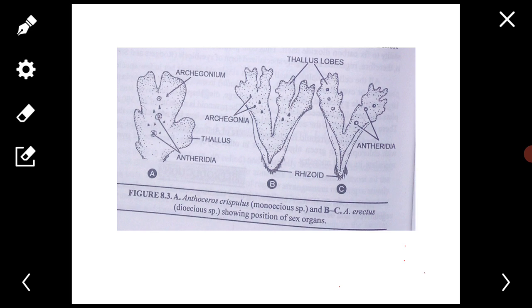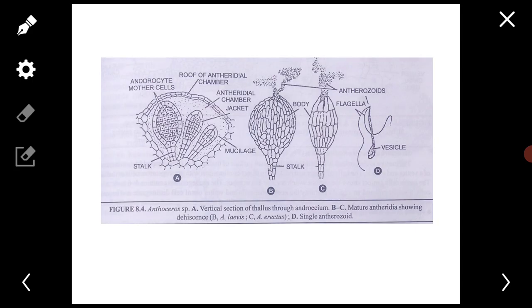Position of the antheridia. The antheridia occur singly or in groups on the dorsal surface of the thallus inside closed cavities.